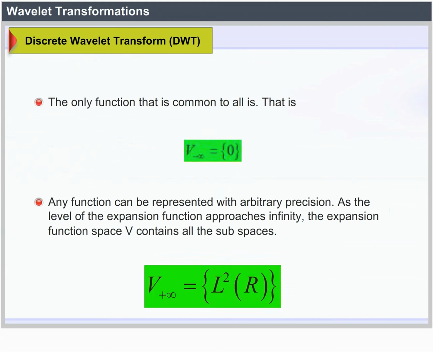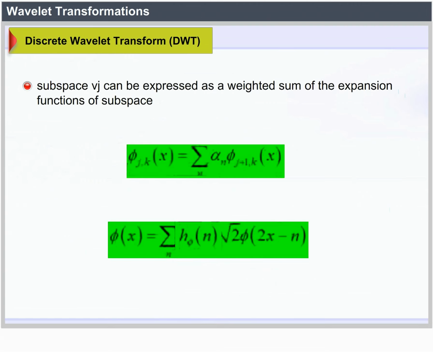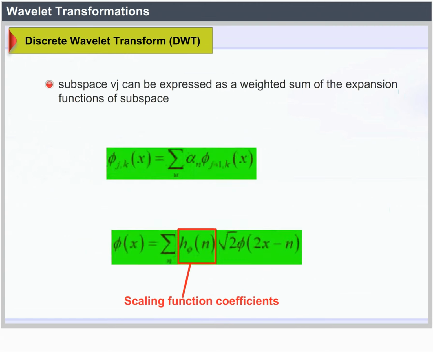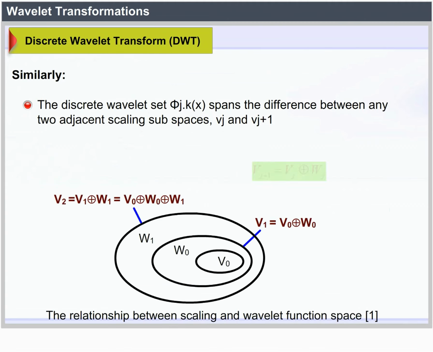Subspace V_j can be expressed as a weighted sum of the expansion functions of subspace. Similarly, the discrete wavelet set psi_{j,k}(x) spans the difference between any two adjacent scaling subspaces V_j and V_{j+1}. The relationship between scaling and wavelet function space is shown.